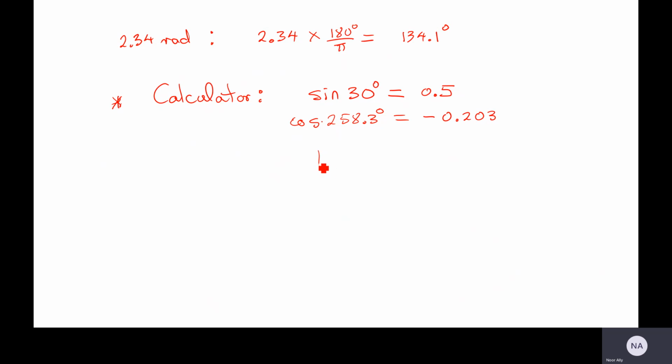Now I want you to find the tangent of 2.37. What is the tangent of 2.37? Your answer should be negative 0.973, correct to 2 decimal places.